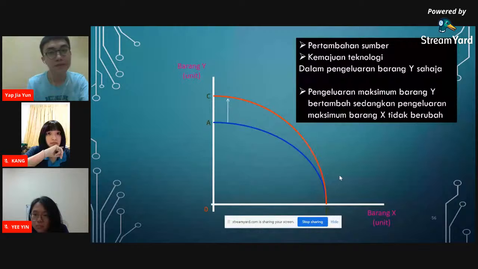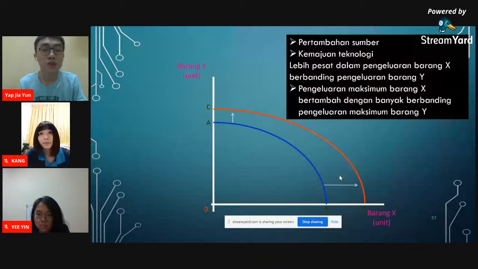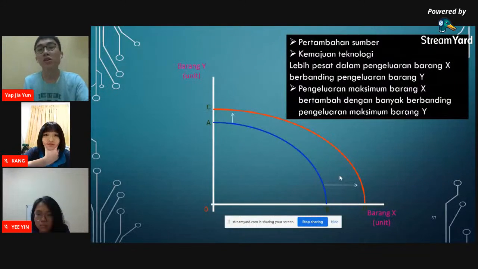Seterusnya, ini merupakan peralihan keluk kemungkinan yang menunjukkan A ke C meningkat, tetapi lebih kecil berbanding peningkatan B ke D. Kita boleh lihat jarak BD adalah lebih besar berbanding CA.